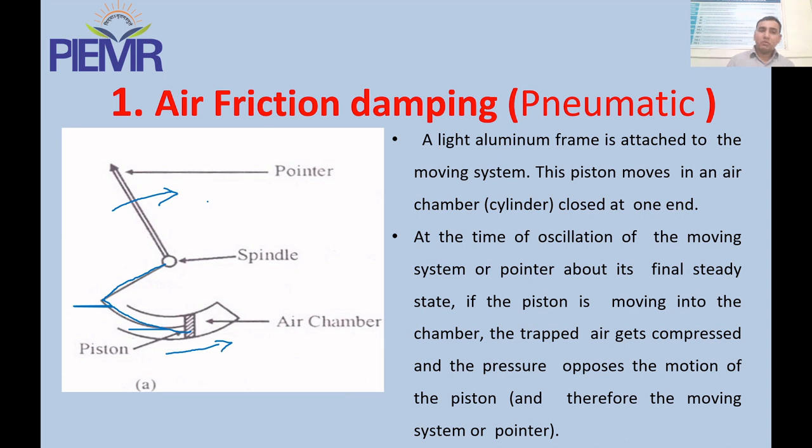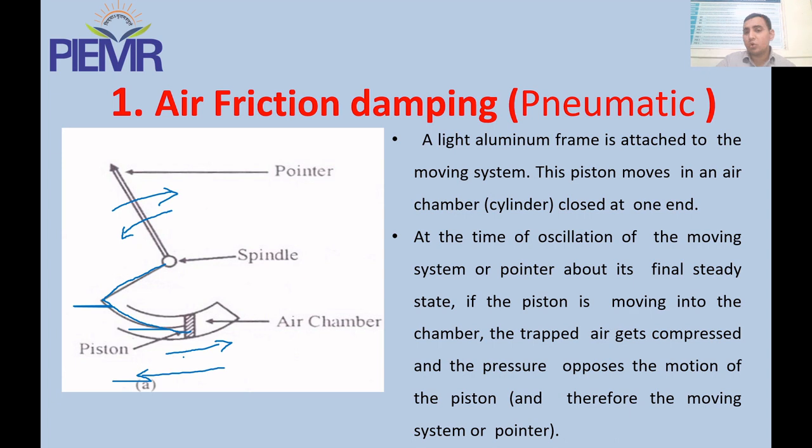If the pointer moves backward, far away from the true value, then the piston moves out and the air expands. At that time also we lose some of the energy. In one or two strokes of the piston, the slowness of the piston provides the true value in a few oscillations.